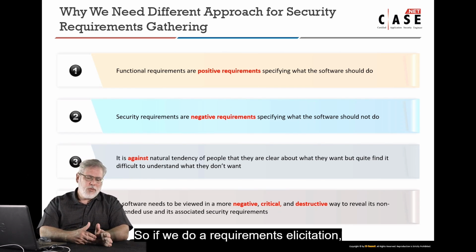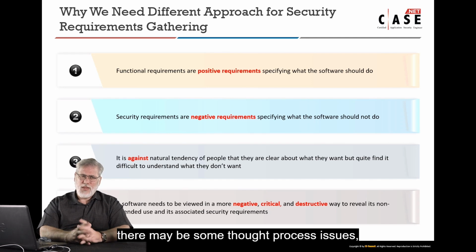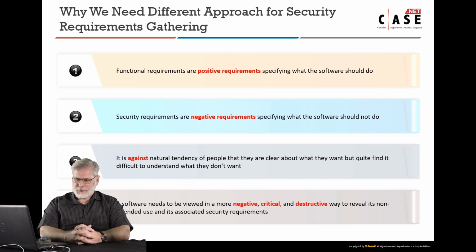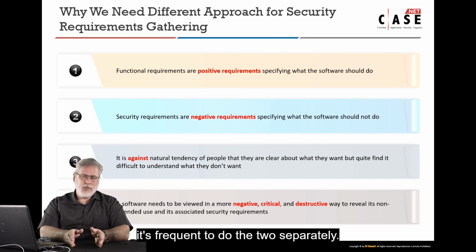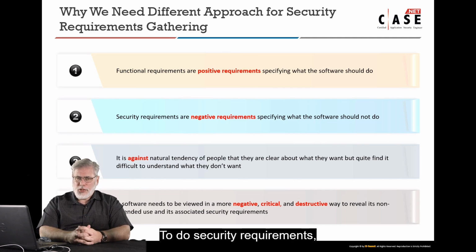So if we do a requirements elicitation alongside the security requirements elicitation, there may be some thought process issues. People are not thinking of the negative. So while it's not absolutely required, it's frequent to do the two separately. To do security requirements, you need to look at the software in a very critical, destructive way.